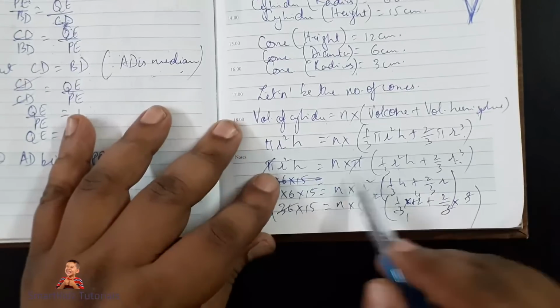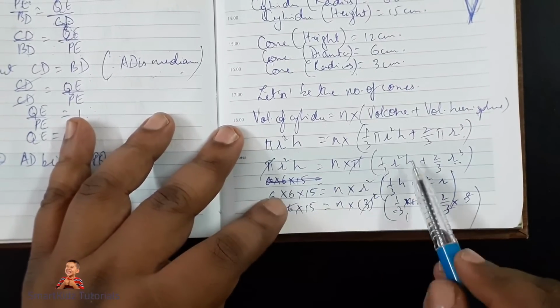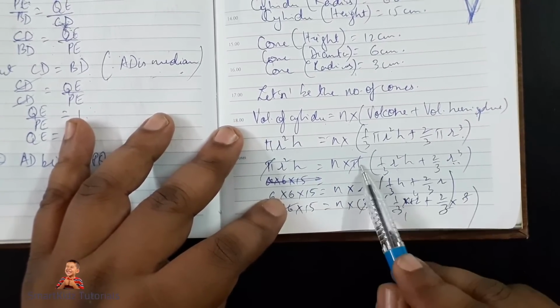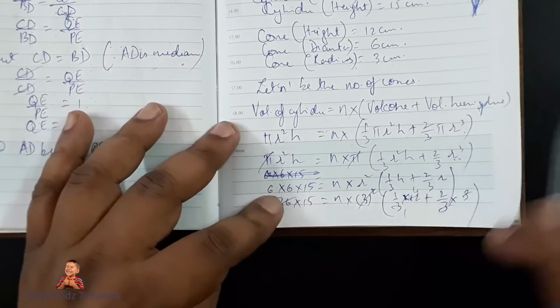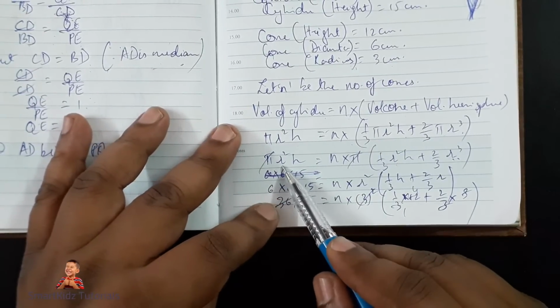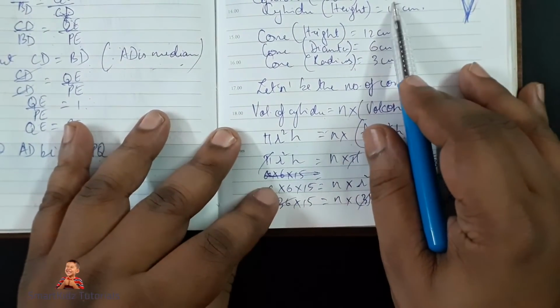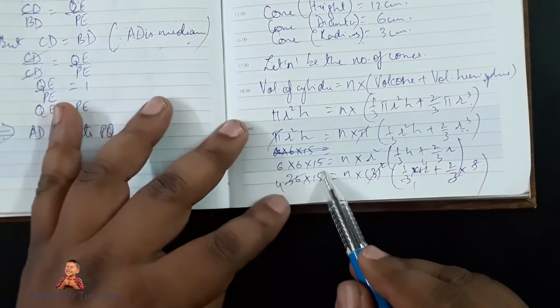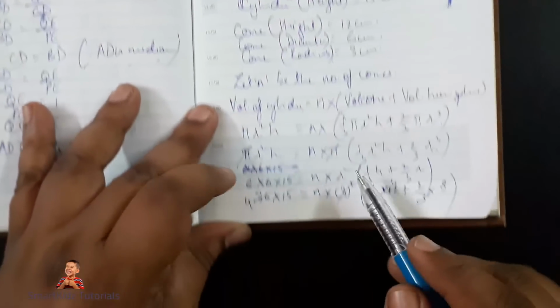Next, I took pi common out from here, so that they cancel out each other. We don't have to substitute anything in place of pi. This r is of the cylinder, so the radius of the cylinder we have got is 6 centimeters. So put 6 into 6, because it's r square, into 15, because the height of the cylinder is 15 centimeters, given.